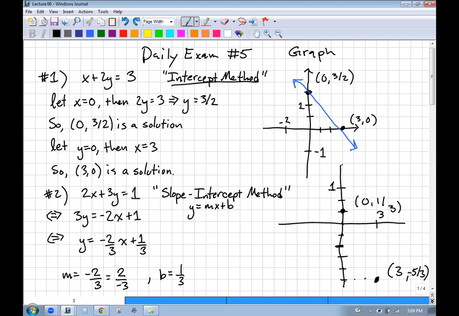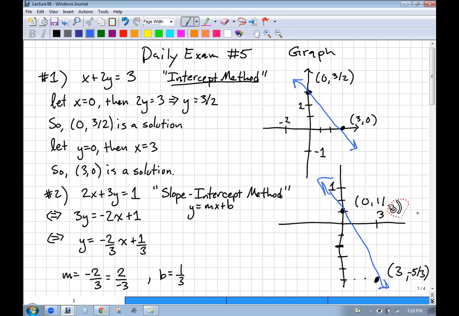Now it's hard for me to go up 2, because I made each tick mark worth a third here. But anyhow, I got 2 points. That's all I need to make the line, okay? Something like that.